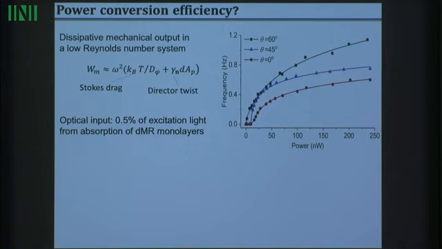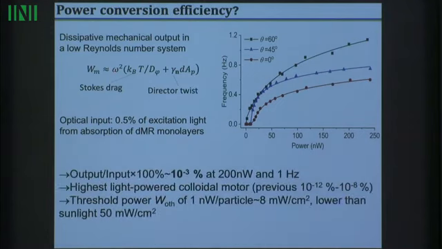So the director is dynamic. It's not in any way static, right? And so you have these two different contributions, and the optical power is balanced with these two types of mechanical power output, and this explains why we have square root type of dependence of frequency on the optical power in here.